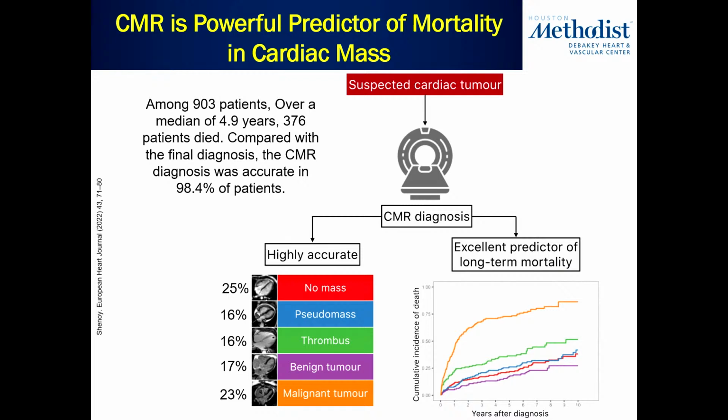If you look at the long-term mortality, you can see very nicely that if we tell you your patient has no mass or pseudomass, these patients have a very good long-term prognosis, whereas something like a malignant tumor, there in the orange line, has a bad prognosis, and that we are identifying benign and malignant features relatively reliably.